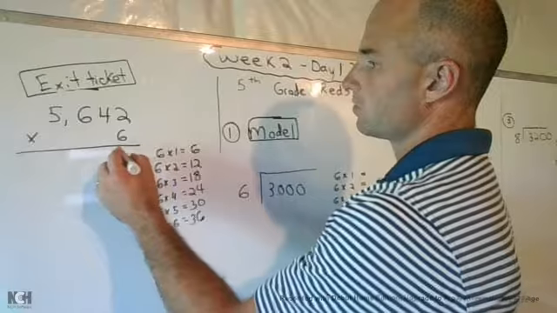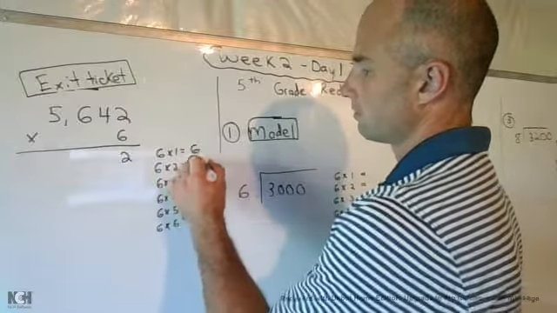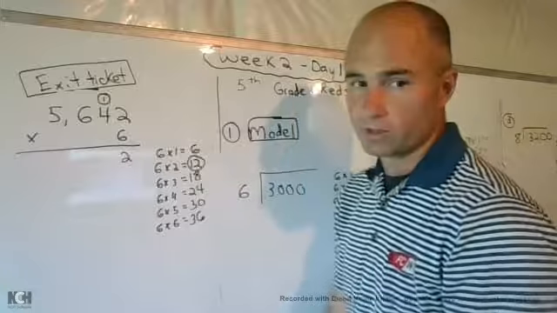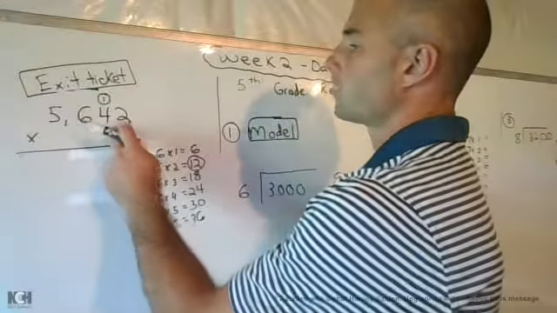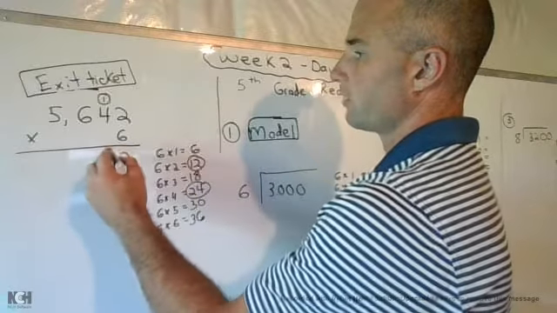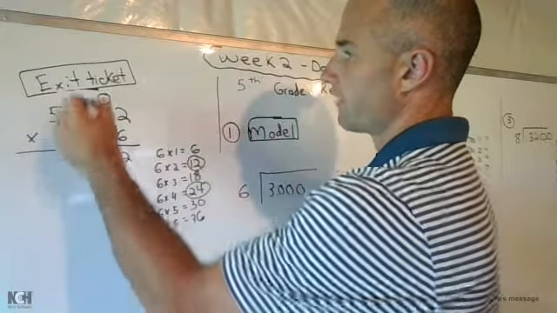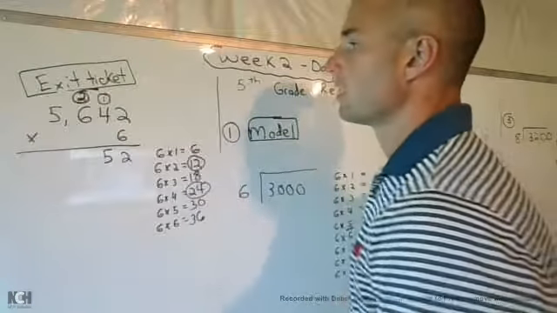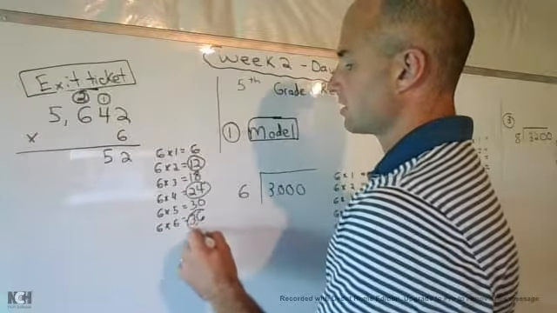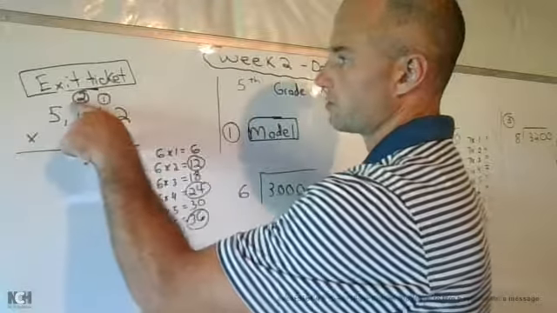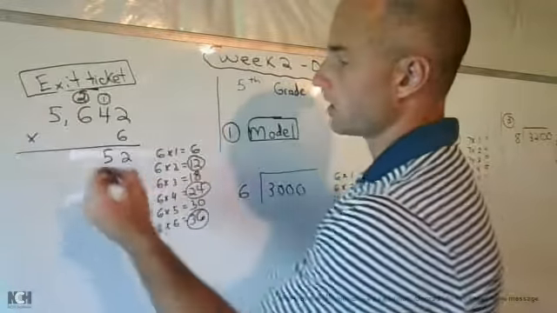6 times 2 equals 12, right? Carry the 1 of the 12. 4 times 6 equals 24, plus 1 equals 25. Leave the 5, carry the 2 from 25. 6 times 6 is 36, plus 2, that 2 right there, equals 38.